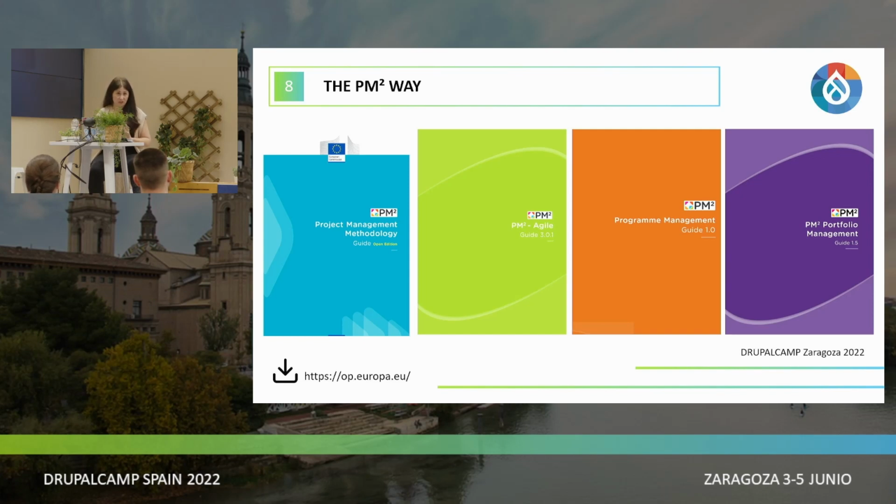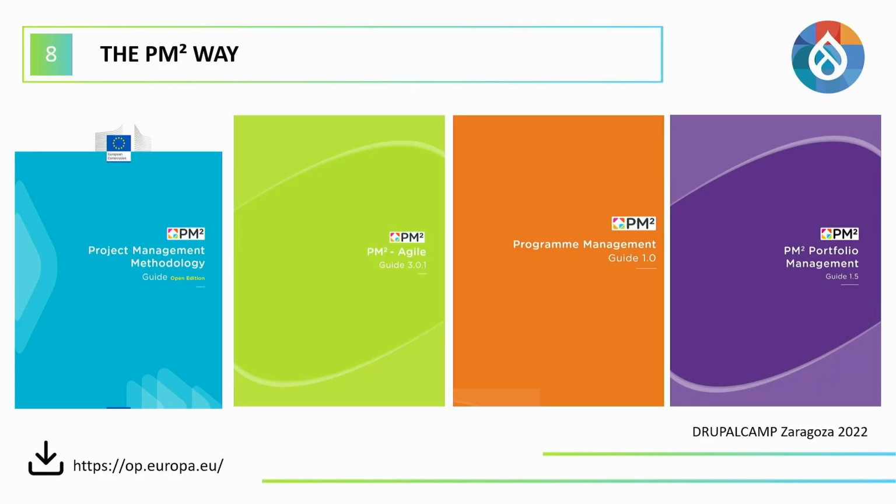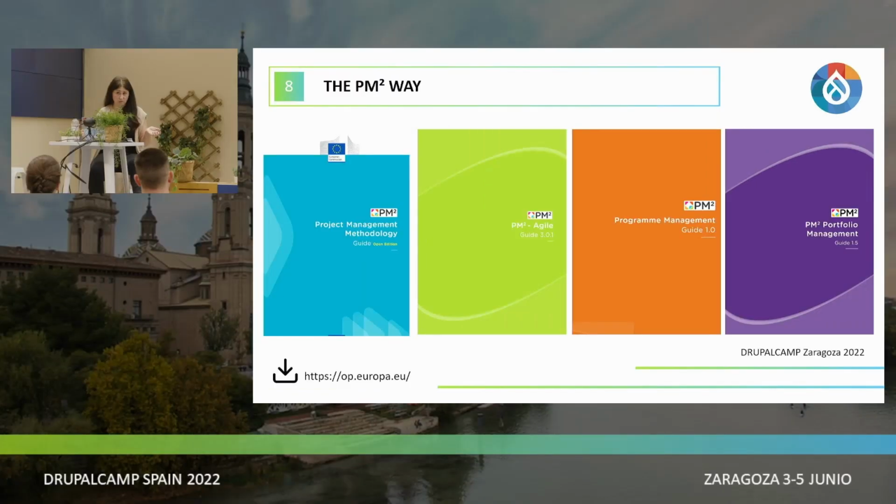All this information, these books, you can download for free as PDF from the europa.eu publications website. You can also buy the book if you want, at a very low cost, €8 or something like that, each book, if you prefer to read on paper.